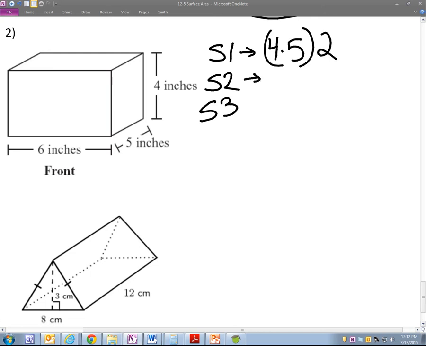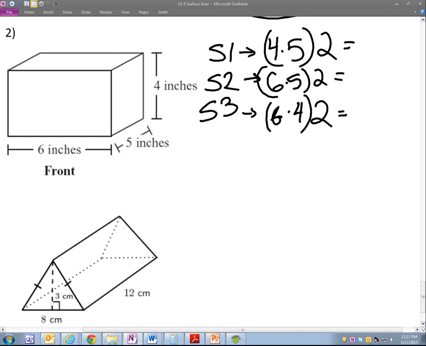We have sides that are 6 by 5, and there's 2 of them. What's the last side that we haven't taken care of? We have 4 by 5, 6 by 5, and what? Yeah, 6 by 4. And there's 2 of them.